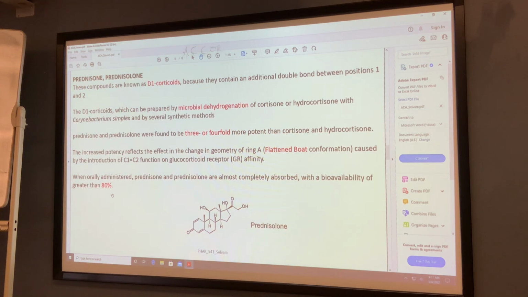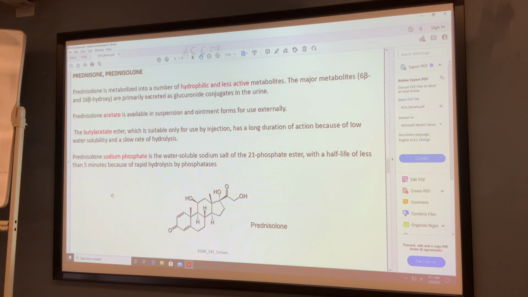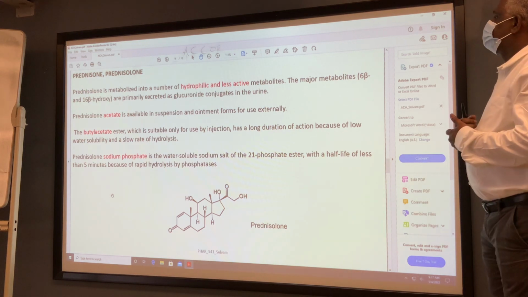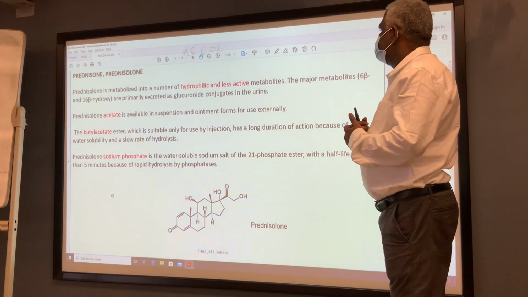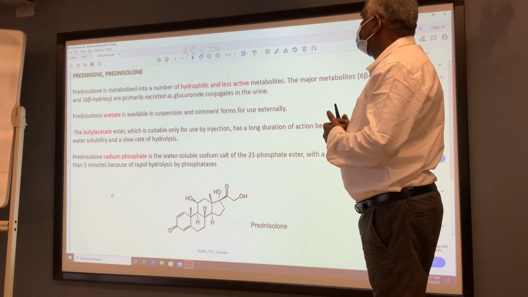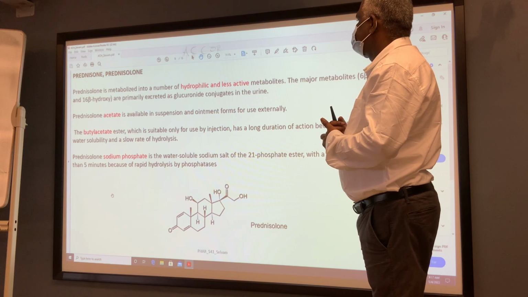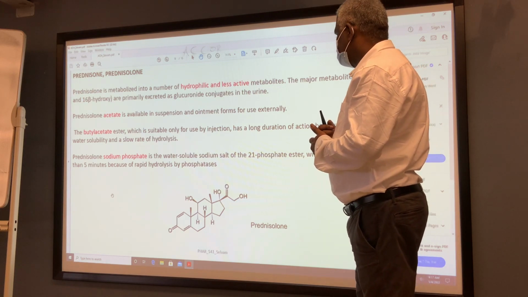Oral bioavailability is 80% for prednisolone. Once it is metabolized, we get hydrophilic, less active metabolites. The major metabolites are 6 beta and 16 beta hydroxy metabolites.